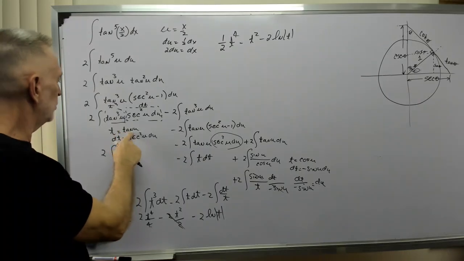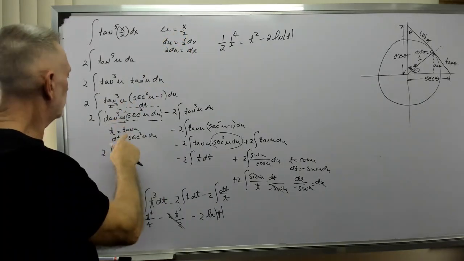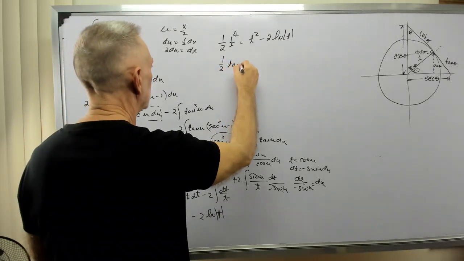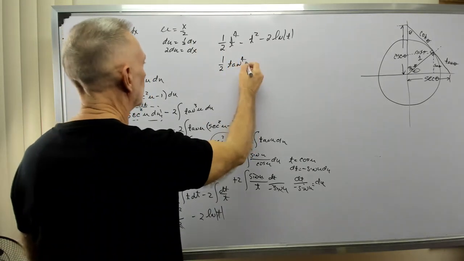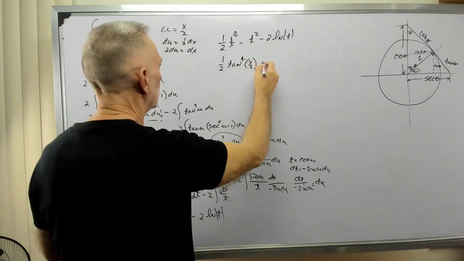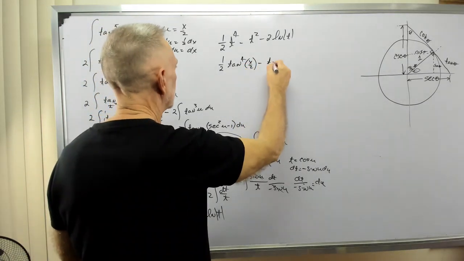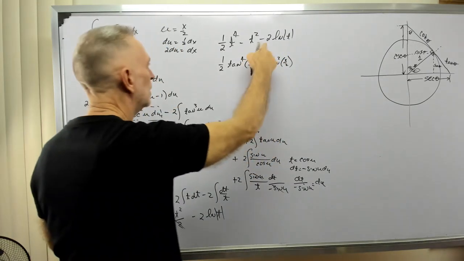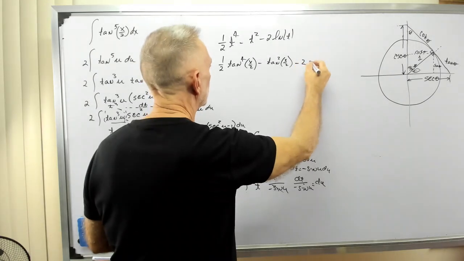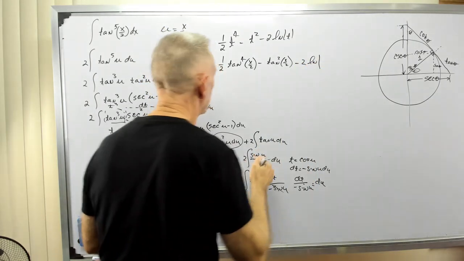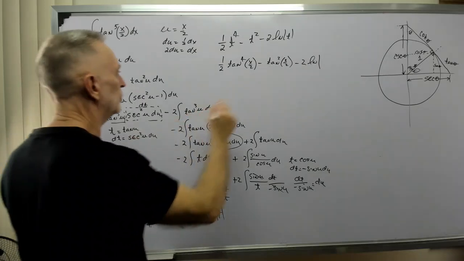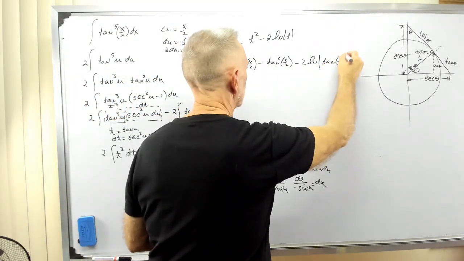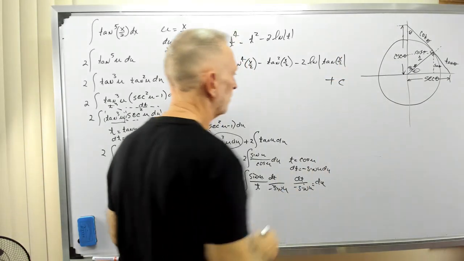All right, so what is t? T is tangent u, but what is u? x over 2. So I have 1/2 tangent to the 4th of x over 2 minus tangent squared x over 2 minus 2 natural log of t, which was tangent u, tangent x over 2 plus c.